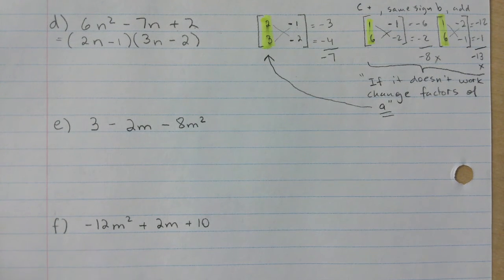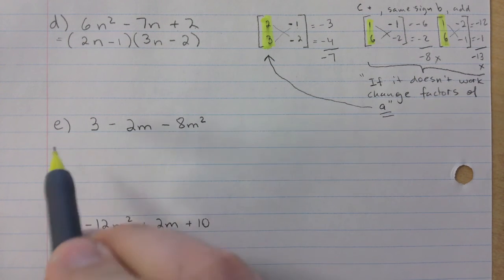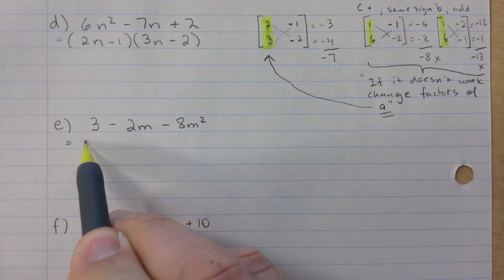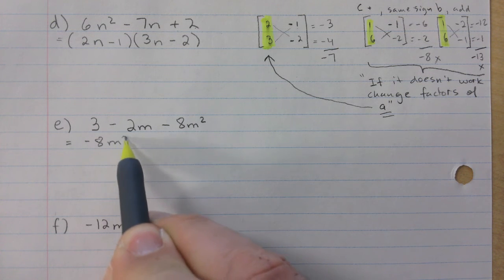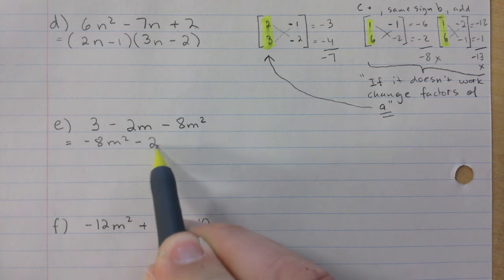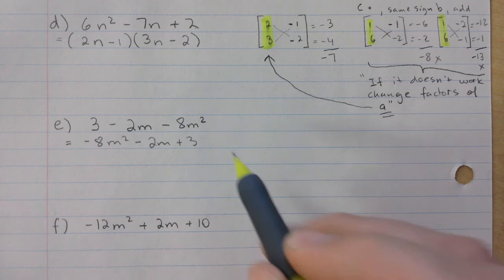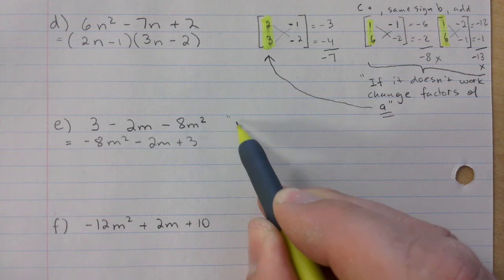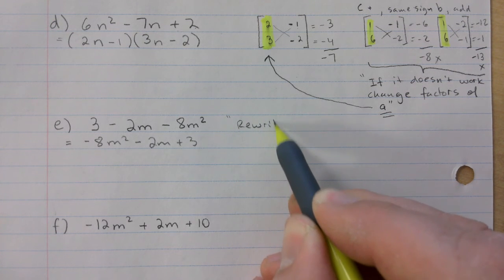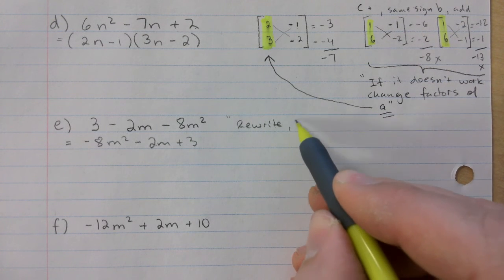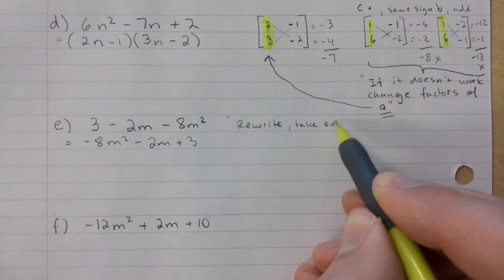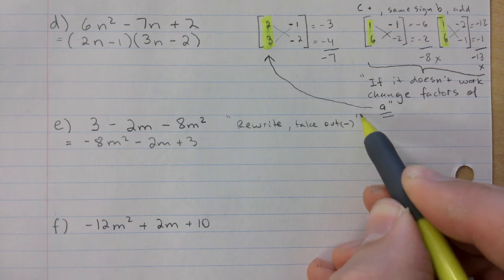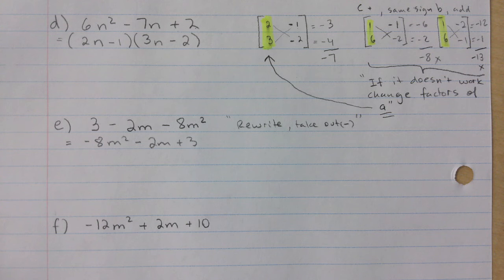Okay. Next, I need to rewrite this. So negative 8m squared minus 2m plus 3. So rewrite. I will make a note here: rewrite, take out negative. Okay, that's my plan here.